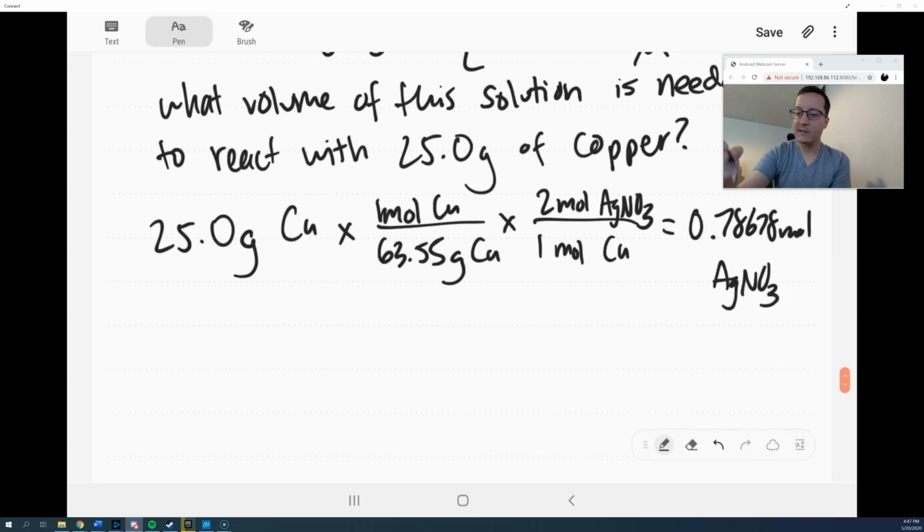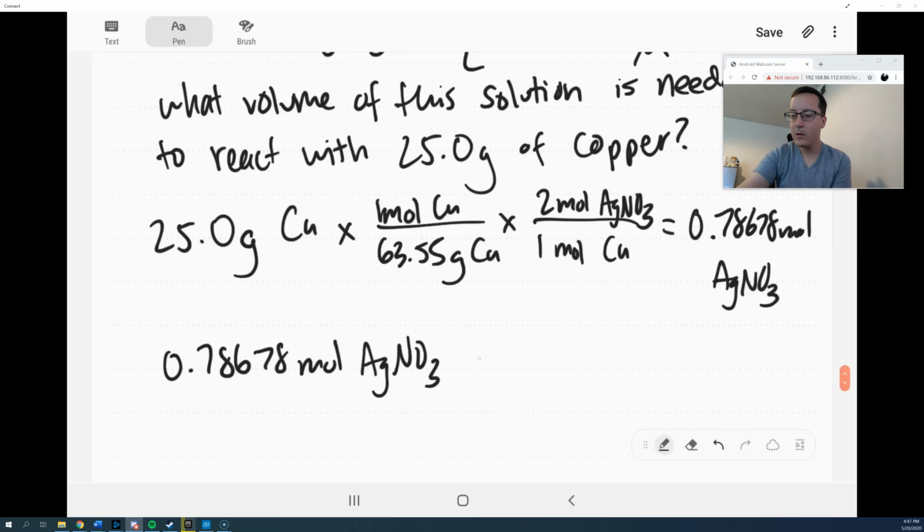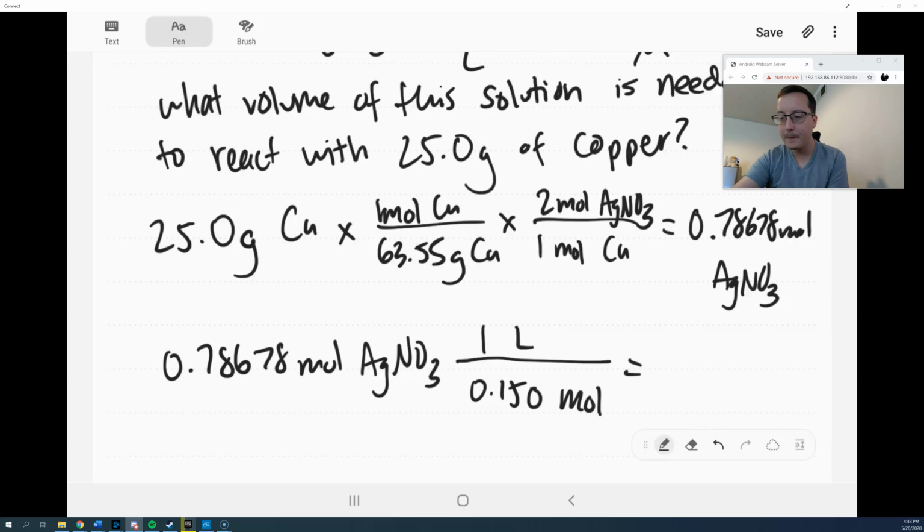Or we could just use it as a conversion factor. We know that we have 0.78678 mole silver nitrate. So in this case, we're going to put the liter on top and the 0.150 moles on the bottom.